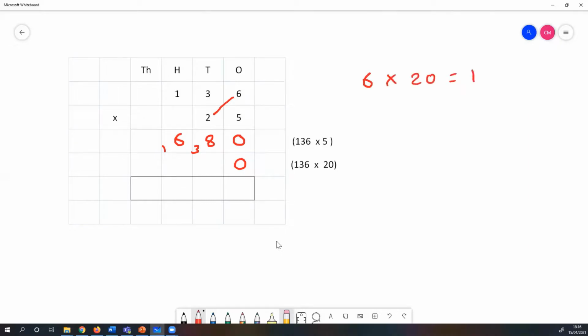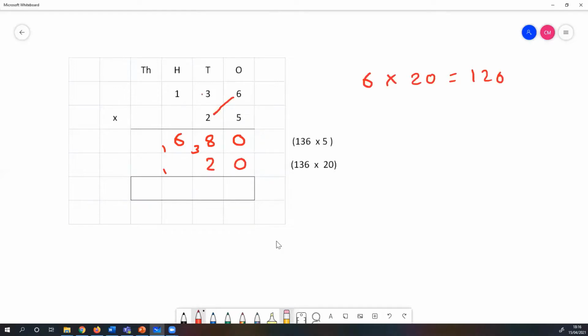Well, that's going to be equal to 120. 120 we know is equal to 12 tens. So we show that by writing a 2 in the tens column, and then our remaining 10 tens we exchange for 100. So we write a 1 here. Okay, so right now that number actually shows 120. 6 times 20. But we carry on.